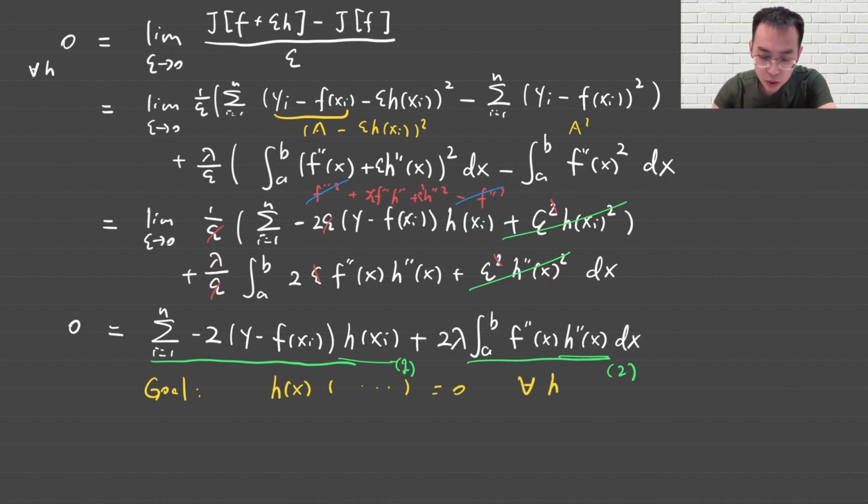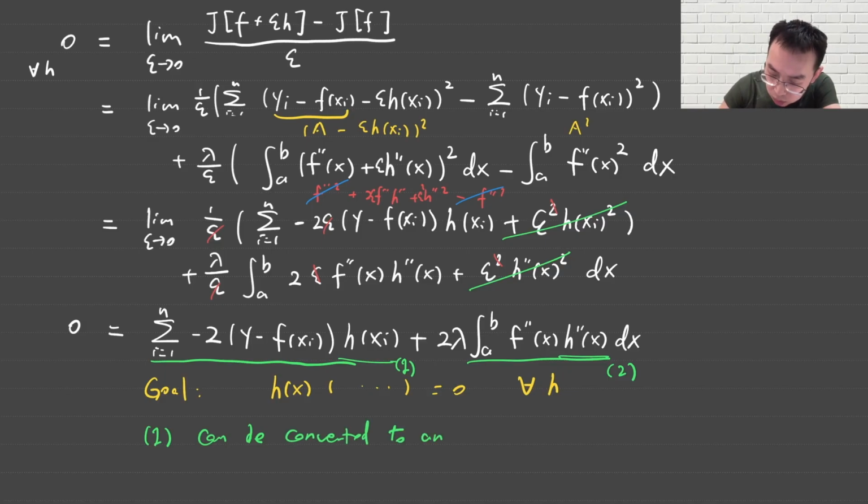Okay, so for the first term here, there's a trick we can use that has to do with the delta function. We can use the delta function to convert this whole thing into an integral that involves the function h, so the first term can be converted to an integral with delta function.